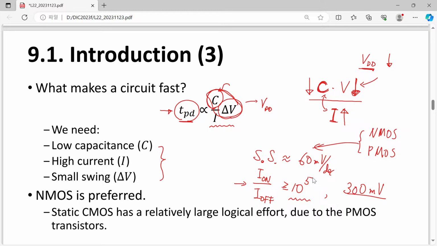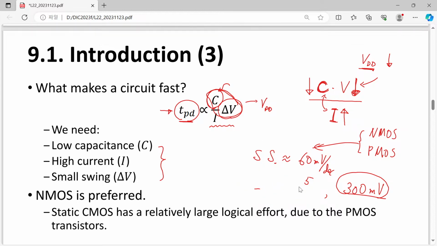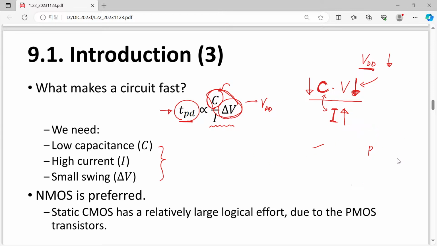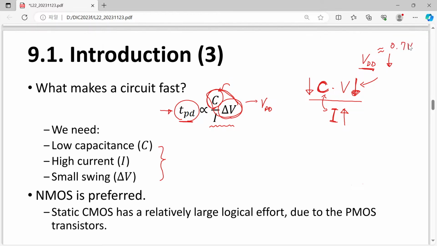Therefore, we have to have some margin beyond 300 millivolts, so VDD cannot be reduced any further. Even nowadays, when I was working in a company, the VDD value was newly set to 0.7, and more than 10 years have passed. What is the VDD value of a state-of-the-art device?